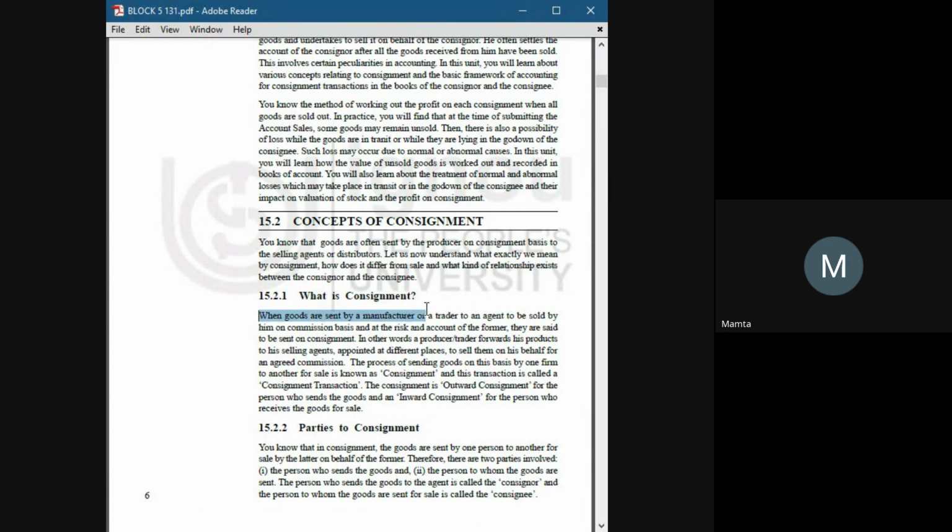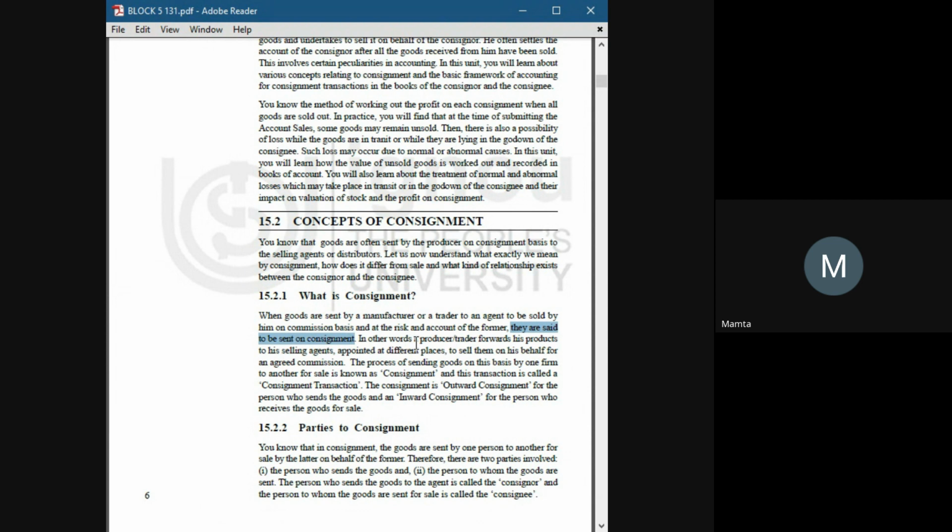When goods are sent by a manufacturer or a trader to an agent to be sold by him on commission basis, and at the risk and account of the consignor, meaning the risk remains with the manufacturer only, they are said to be sent on consignment.